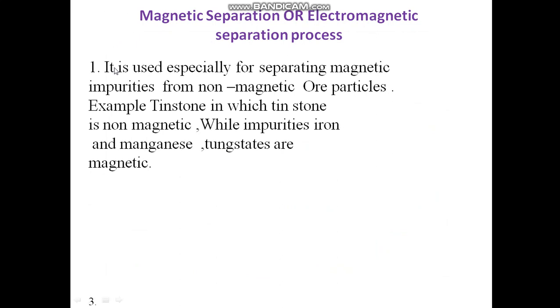Now, it is used especially for separating magnetic impurities from non-magnetic ore particles. The example is tin stone, in which tin stone is non-magnetic, while the impurities, iron and manganese tungstates, are magnetic in nature.